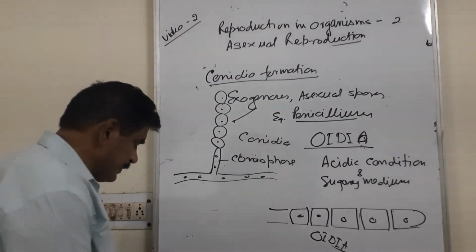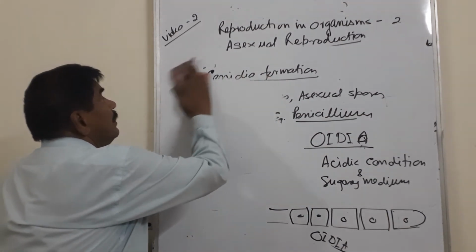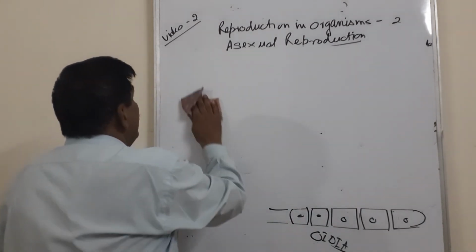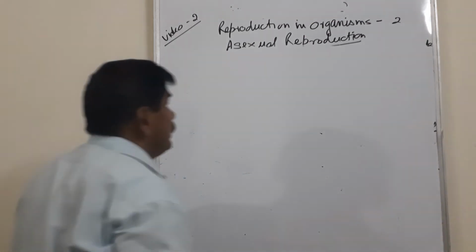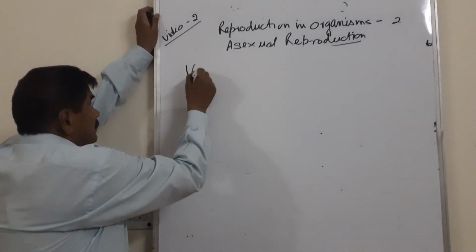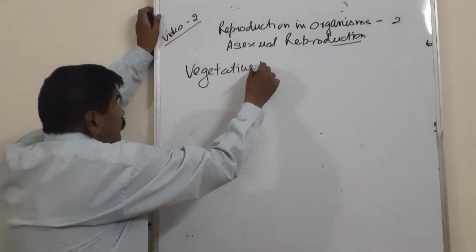But you see, in plants, vegetative propagation is a characteristic of a large number of even developed plants. Vegetative propagation.